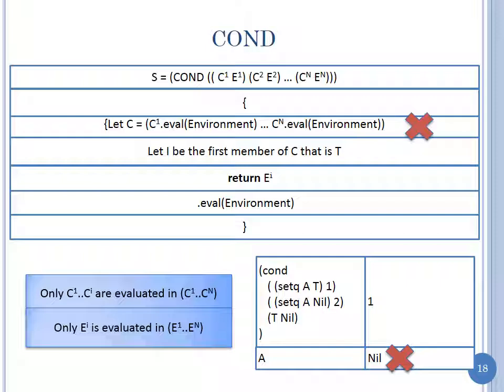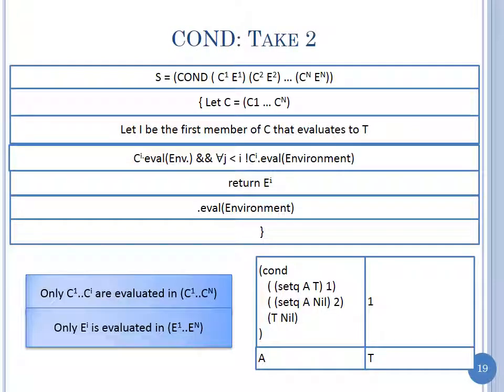This is important though, that we evaluate only Ei. We don't evaluate the other ones. So if there's a set Q in the result instead of 1, only that one gets evaluated, and the second set Q will not. I'm not giving you an algorithm or a loop, but we were basically saying that let's figure out first C1 to Cn, and then let i be the first member of C that evaluates to T, okay?